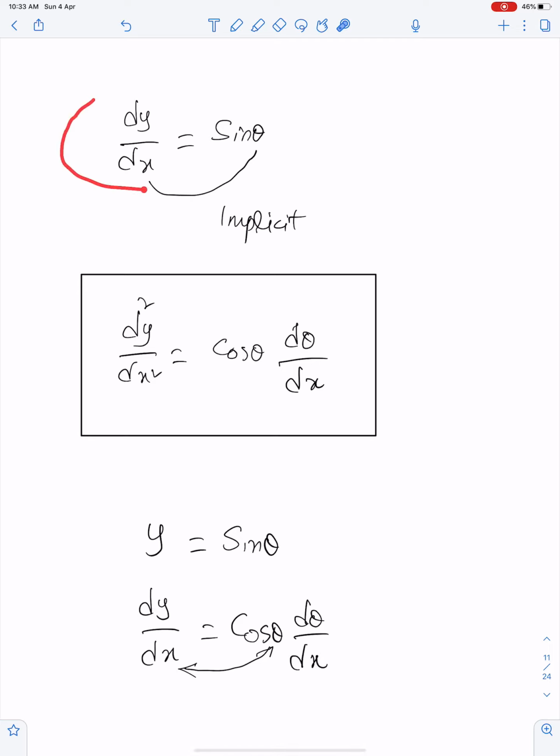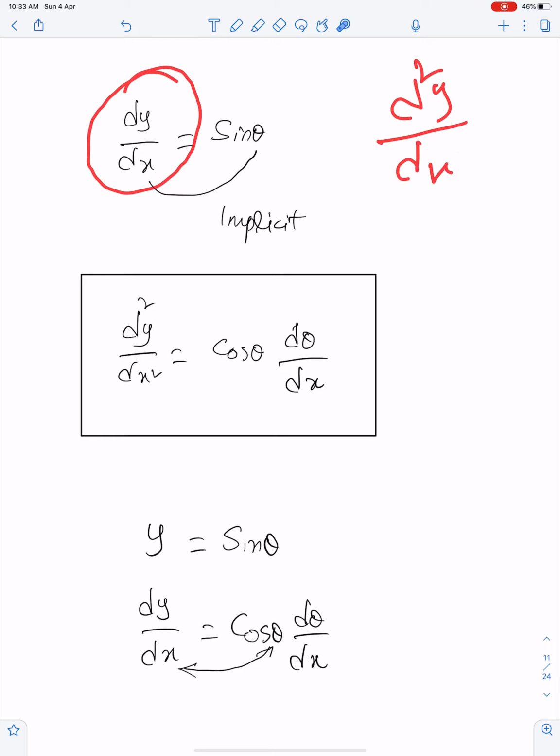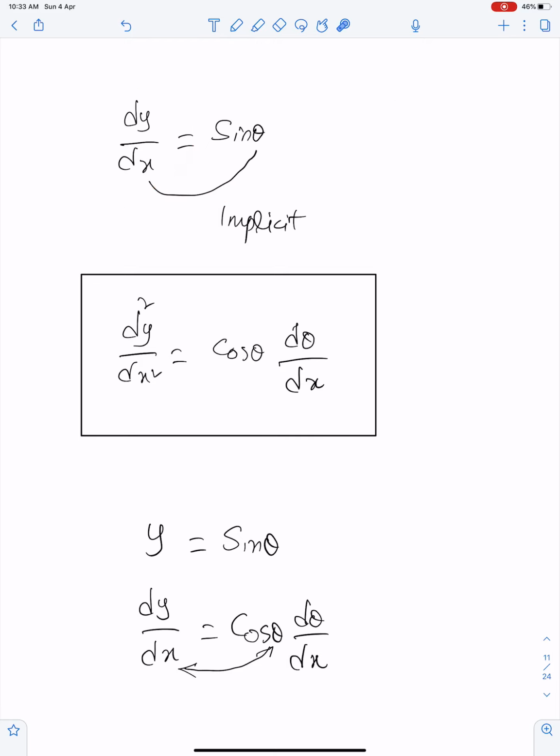Similarly, if I ask you to find d2y over dx2, this function is implicit because here we have x and here we have theta. When these two are different, the function is always implicit. So if you are finding d2y over dx2 for this equation, then you need to multiply your differential with d theta upon dx, as you multiply this thing in your implicit function.